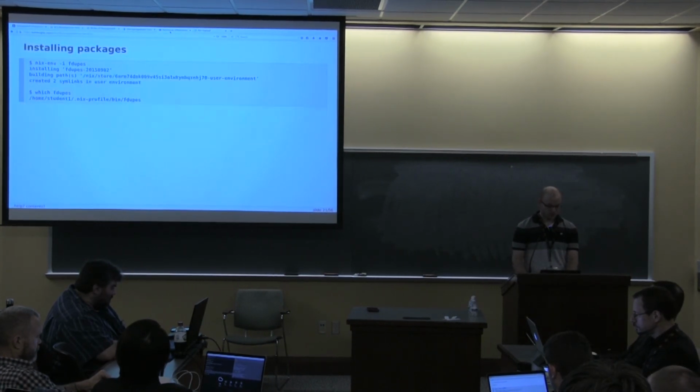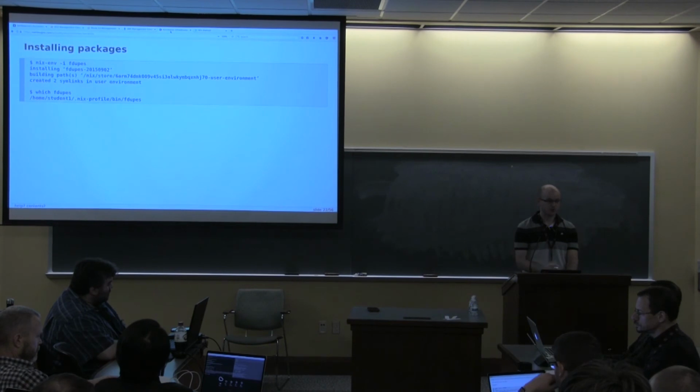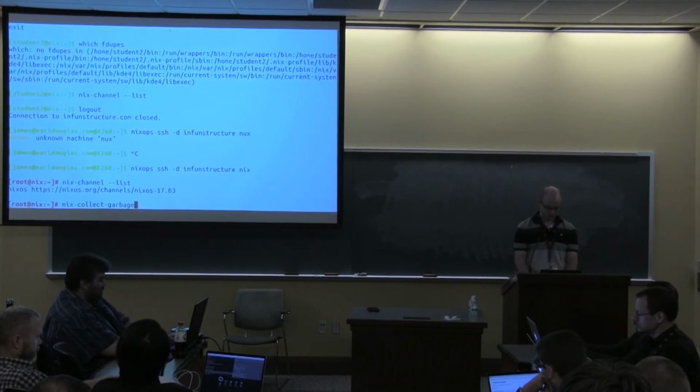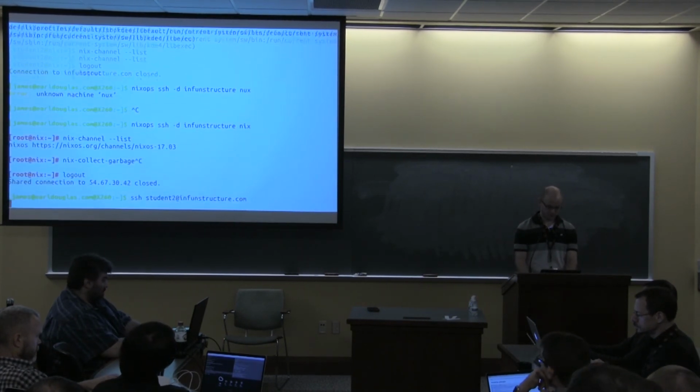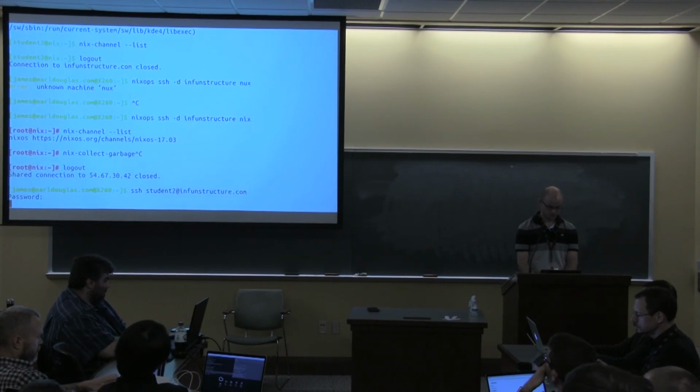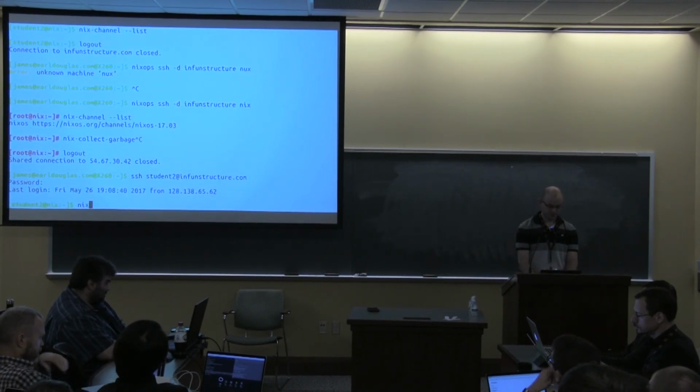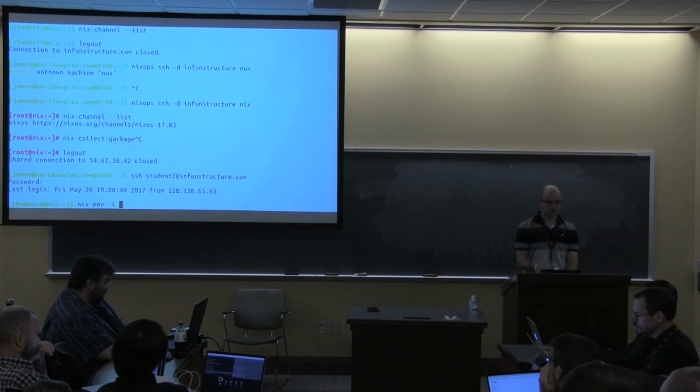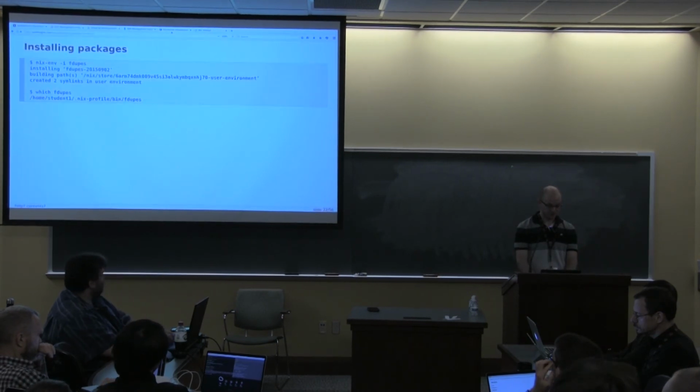So we covered nix-shell, but let's actually install fdubs to our environment. So we do this with nix-env, and now we're going to use -i for install package. Sorry, I didn't document that here.